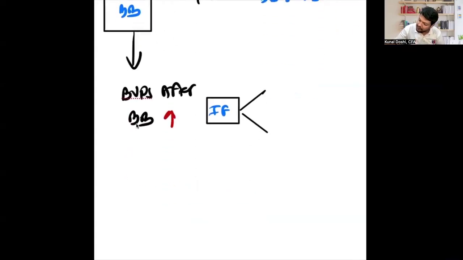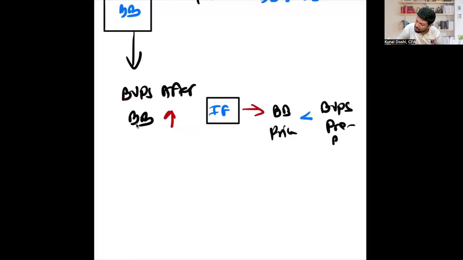Book value per share will increase only if the company's buyback price is below the book value per share pre-buyback. If this is the case, then it's a good deal by the company.